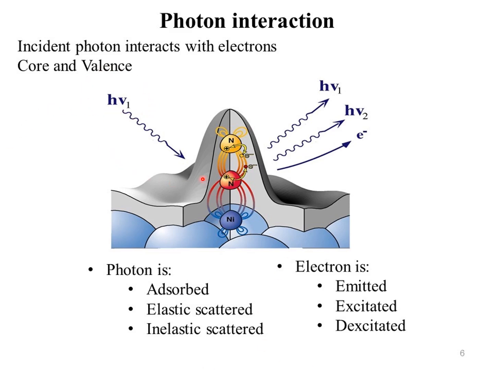Here is the incident photon radiation, falling on an object, and interacting with both valence and core electrons. Photon is absorbed, elastically scattered or inelastically scattered. Electron is emitted, excited and de-excited.